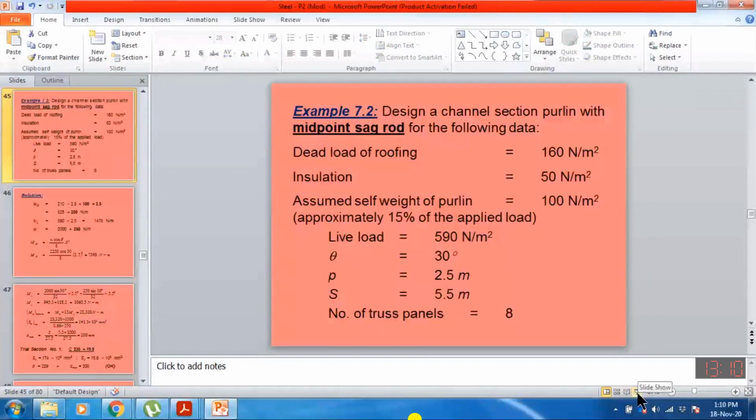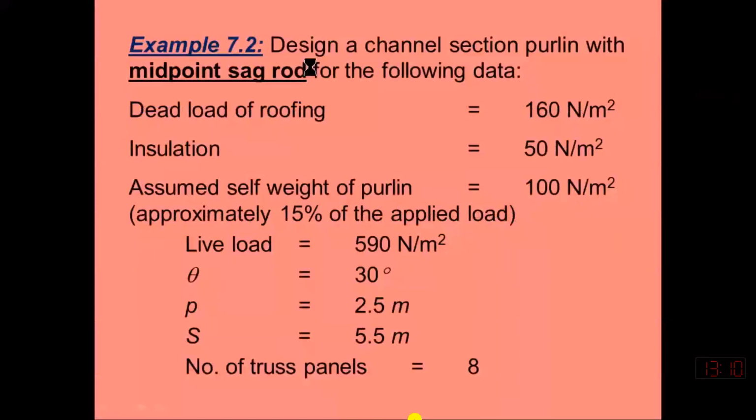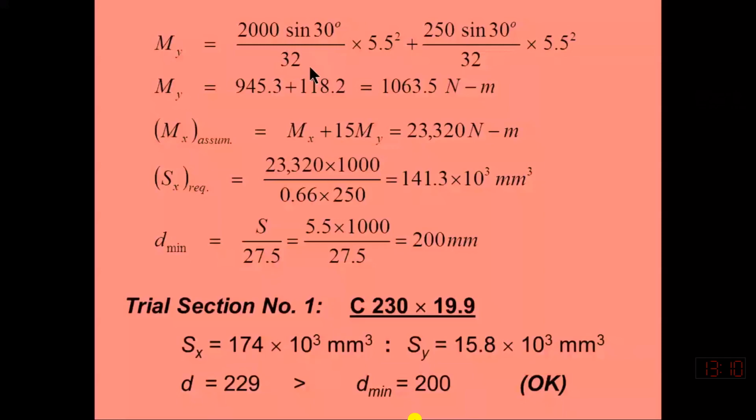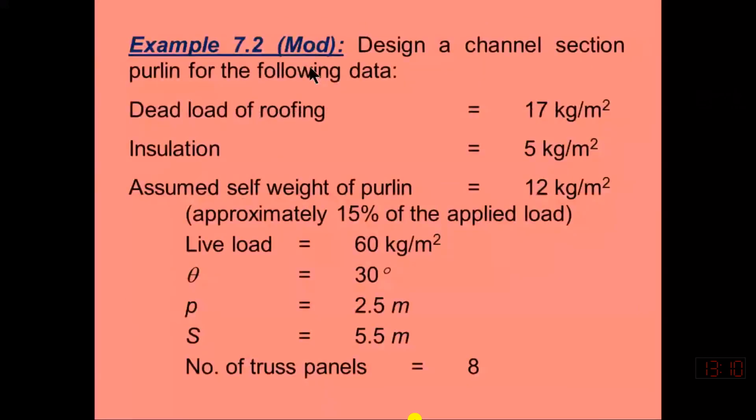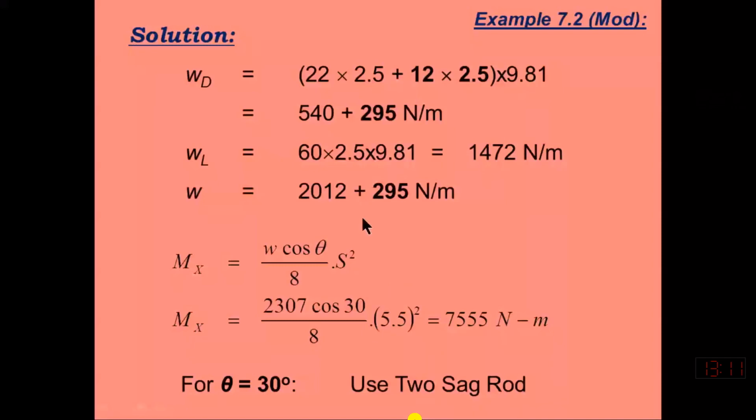Last time we solved the same problem 7.2, but the number of sag rods was not given. Our inclination of truss was 30 degrees, so we decided on two sag rods and completed this design using two sag rods.